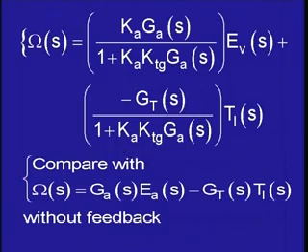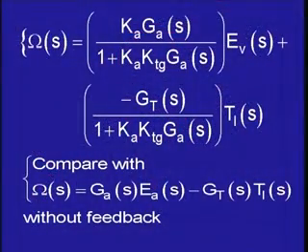Or if you want to look at the steady state values, then I have to put s equal to 0. So, the use of this feedback will be that the steady state error caused by a change in the load torque, that is caused by the disturbance variable, will be reduced by the factor 1 plus KA K tacho generator GA(0).